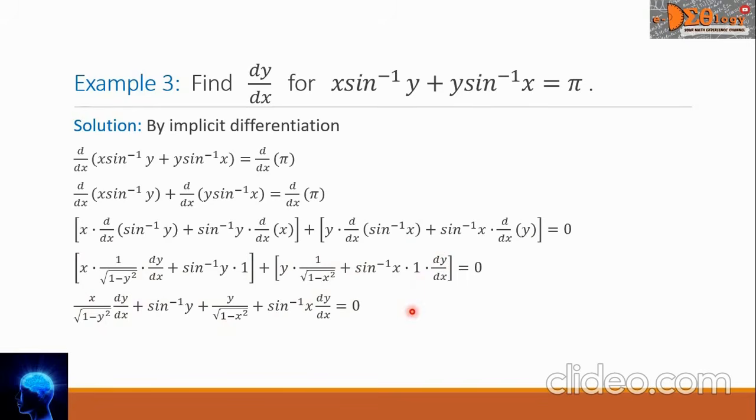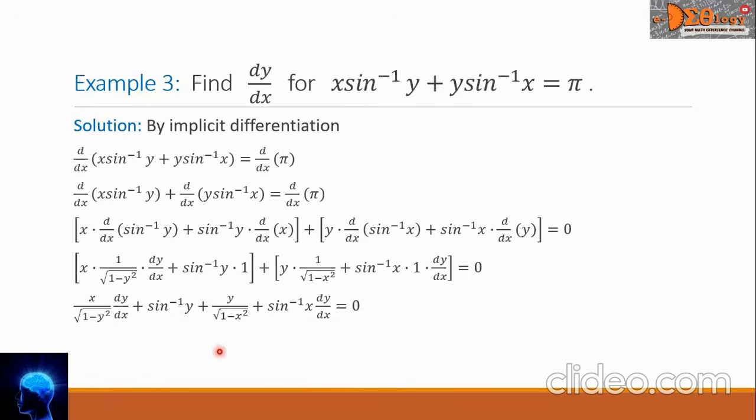On this line, we're going to combine those terms with dy over dx in one side of the equation. It means those terms without dy over dx, we will put them on the other side. So look at the two middle terms here. There is no dy over dx on each of these terms.